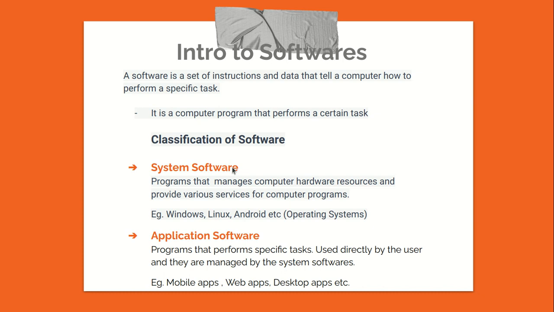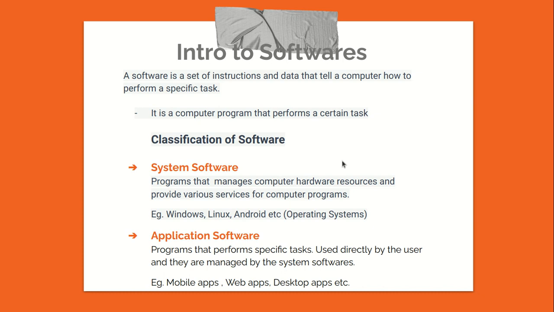These two classifications have something distinct. For system software, this is a program that manages the computer hardware resources and provides various services for the computer programs. A good example of a system software is an operating system. We have various operating systems such as Windows, Linux, Android, or even iOS for iPhones.